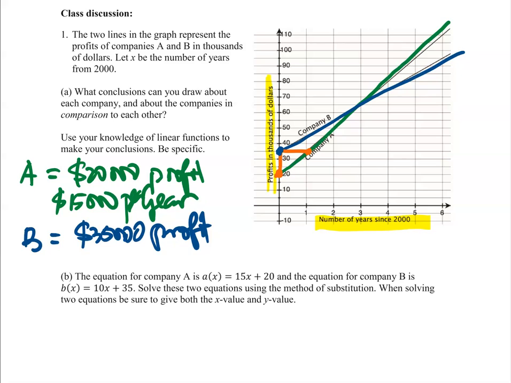From this point to this point, after a year, we can see that if you go up, from 35 to 45, that is 10,000 per year. So that is a 10,000 increase per year.